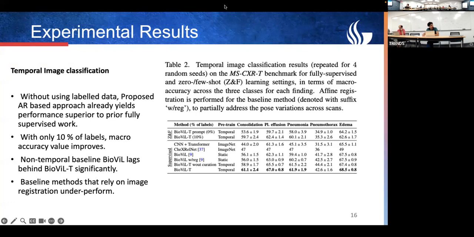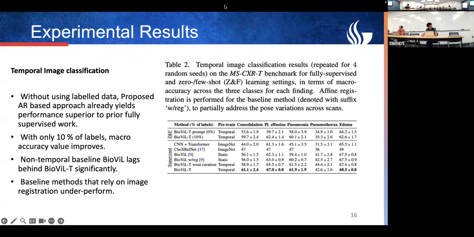And then if you just use 10% of labels, which is the second row, BioViL-T with 10% of labels, it jumps from 53 to 59, I think, which is a significant achievement. And then the non-temporal baseline, which is BioViL, is non-temporal.